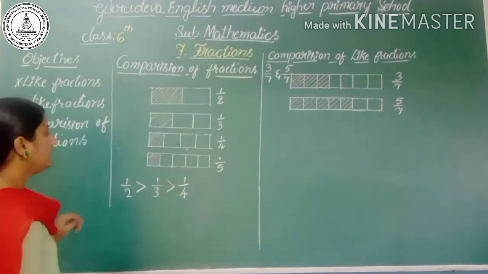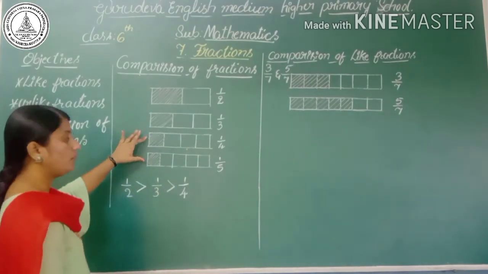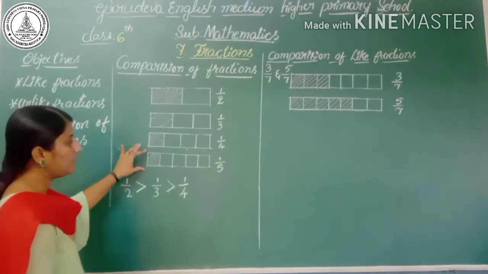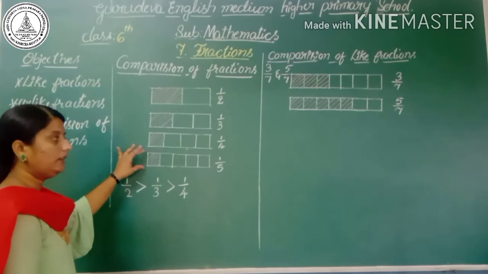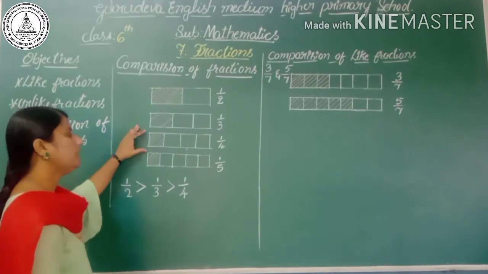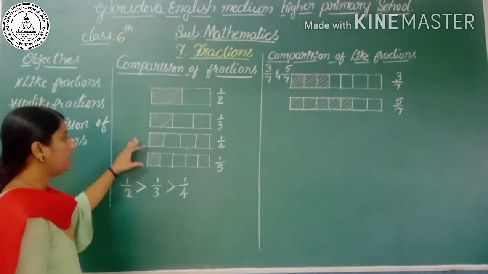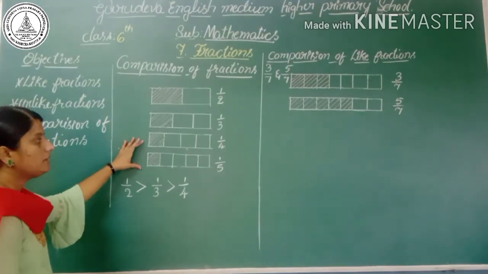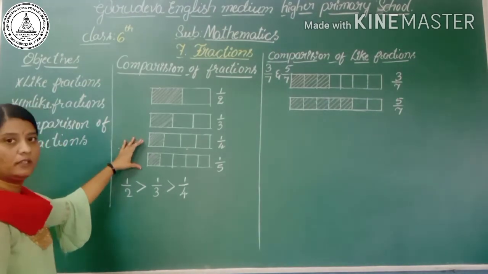Next compare 1 by 4 and 1 by 5. Here the whole is divided into 4 parts, and here into 5 parts. Here also one part is shaded, and here also one part is shaded. Which is the largest portion?